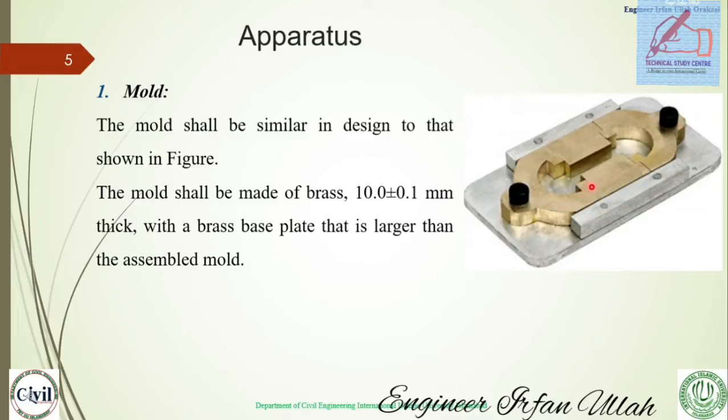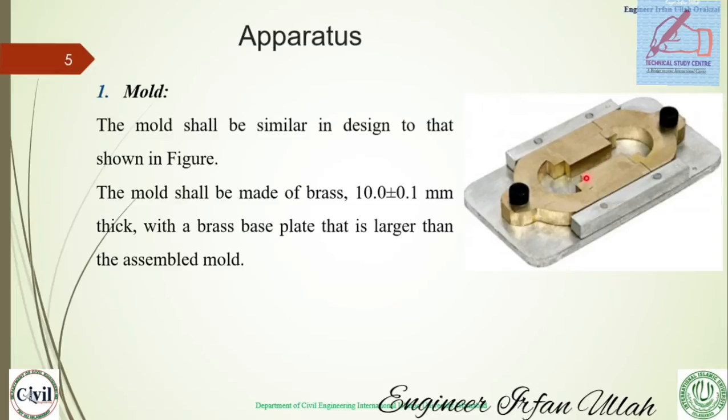The mold should be made of brass, 10.0 millimeter plus minus 0.1 millimeter in thickness, meaning the depth or height of the mold, which will be equal to 10 millimeter.